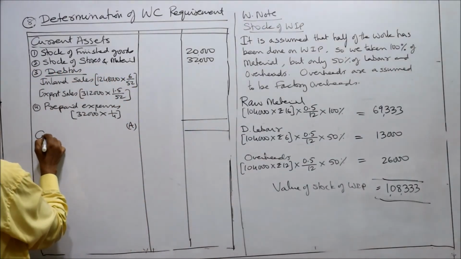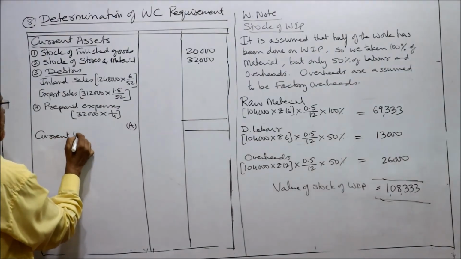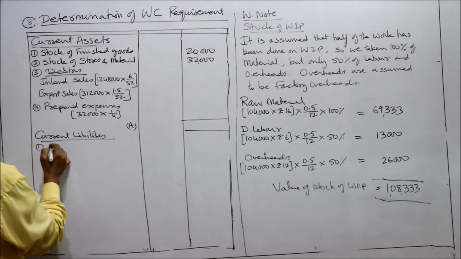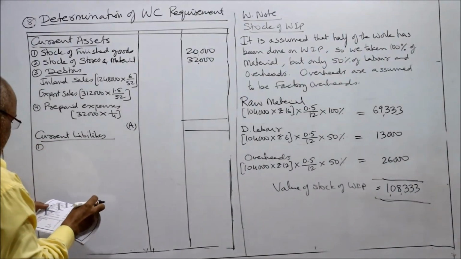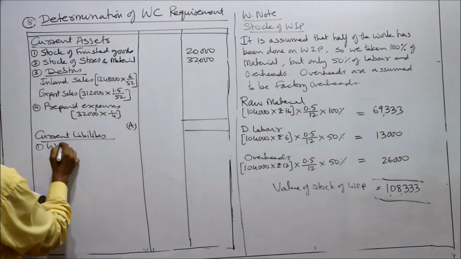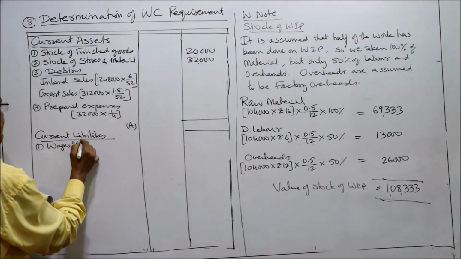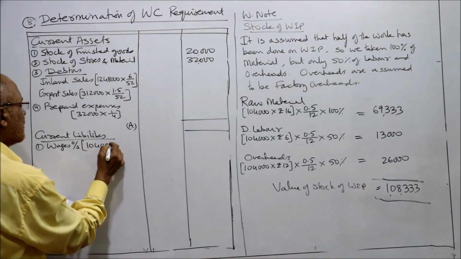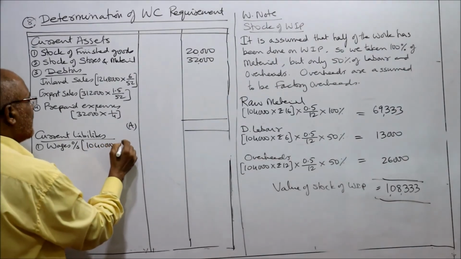Now current liabilities. First we will take wages outstanding. The wages are 10,40,000 into 1.5/52.